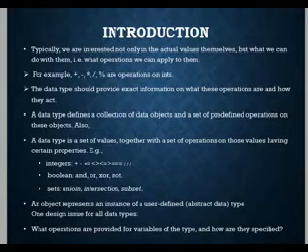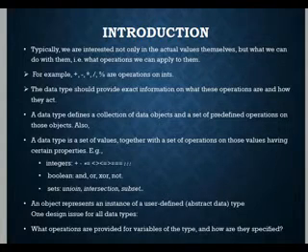With different data types we use different operations; if we use an integer type we use some operations, and in floating point it is also the same. So another definition of a data type is a collection of data objects and a set of predefined operations on these objects.